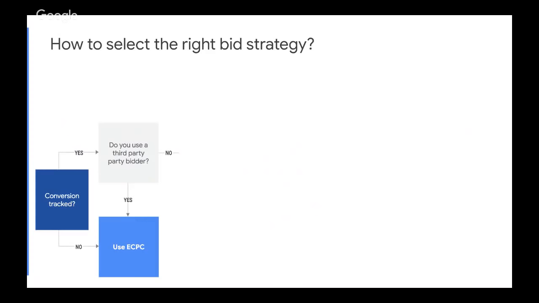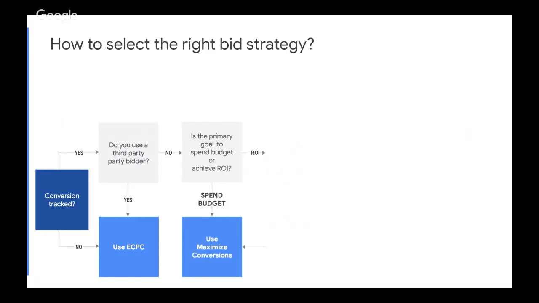If you're tracking conversions, then the next question becomes: do you use a third-party bidding solution? If the answer is yes, then also think of using enhanced CPC, because most third-party bidding solutions are not compatible with display bid strategies, but eCPC can be used well in this case.